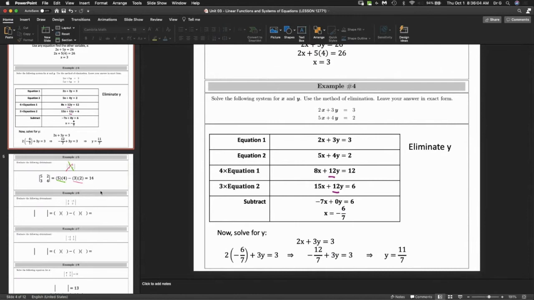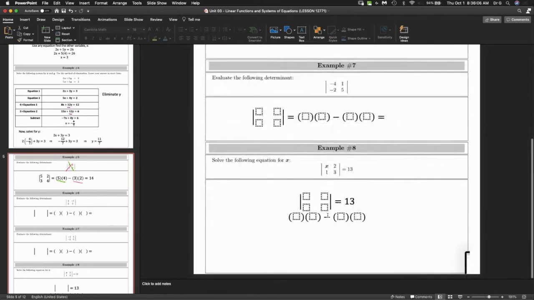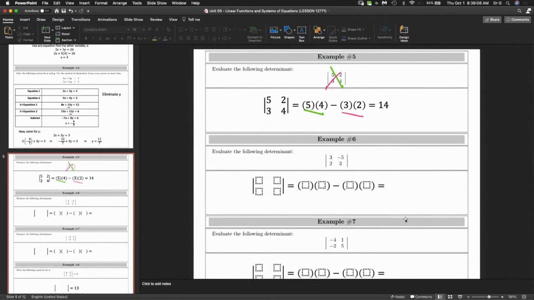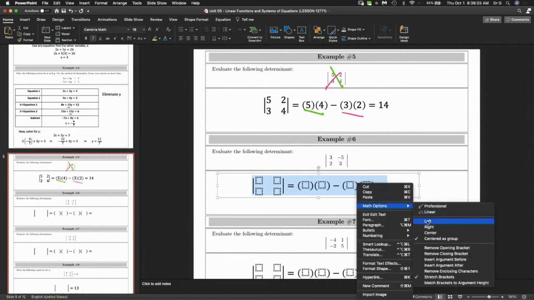So the reason that you're learning this instruction is so that you can do a process for linear systems that's much faster than elimination, at least when the numbers are bad. Is that cool? Okay, so try it for the next one, see what you get, and then we'll discuss it.